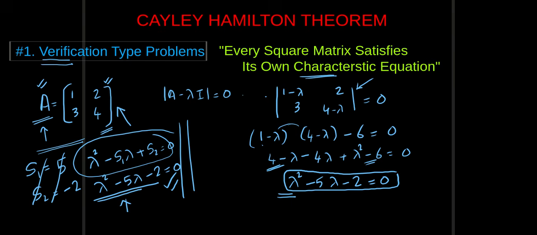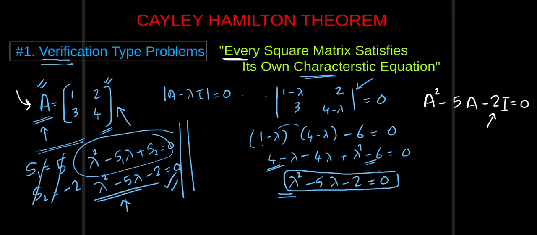Yeah, we have to verify that every square matrix, in this case capital A, satisfies its own characteristic equation. That is, we have to verify that A square minus 5 into A minus 2, of course doesn't make sense, so 2I equal to 0.